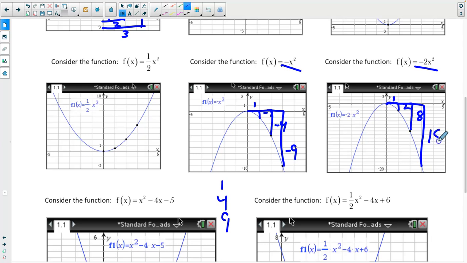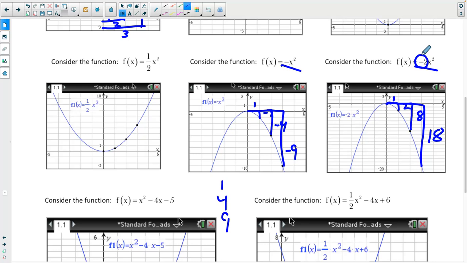Yeah. How does 2, 8, and 18 relate to 1, 4, and 9? It's all doubled. Look what's attached to the x squared.